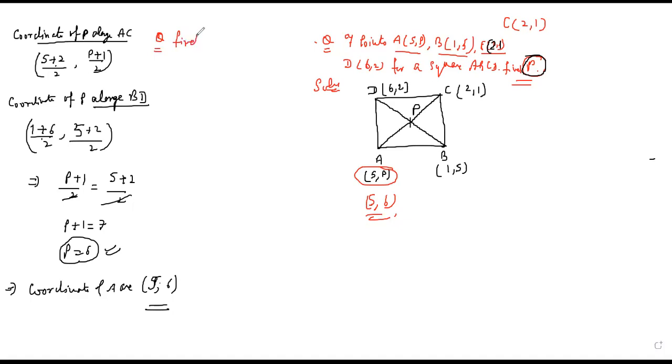Find the coordinates of the fourth vertex of the rectangle, same as that of the parallelogram, where the three vertices are 0, 0, 2, 0, 0, 3.